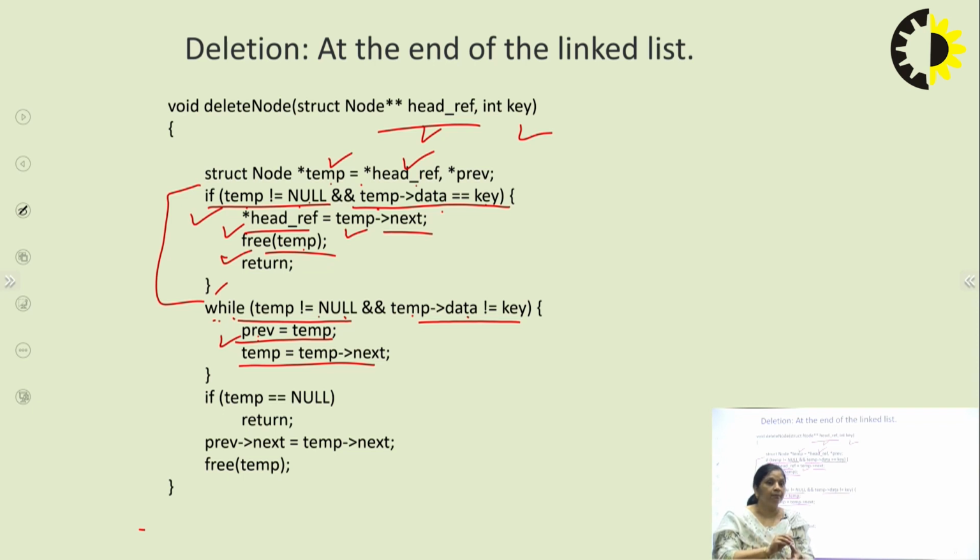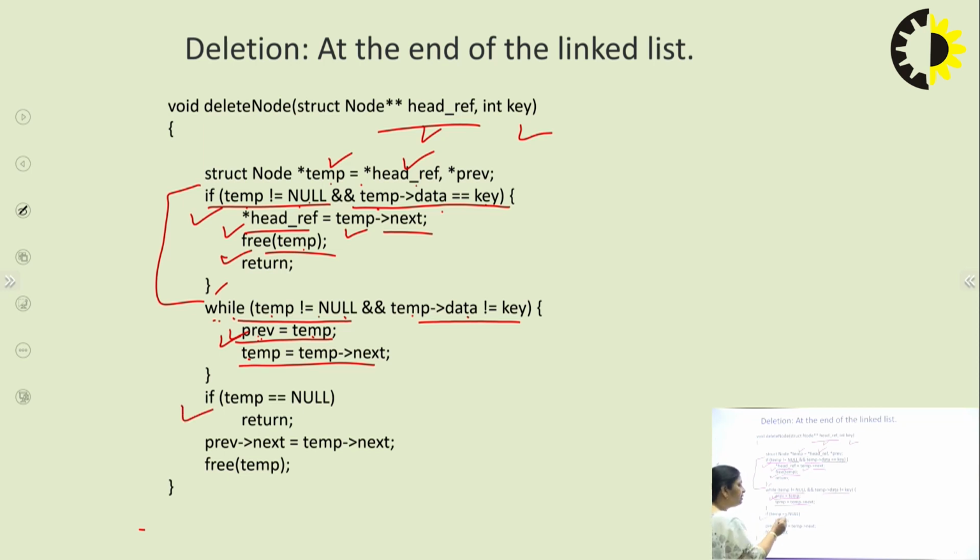Either it will end, or we'll jump to the next node and store the current node as previous. So previous is temp, and temp is stored as temp next.